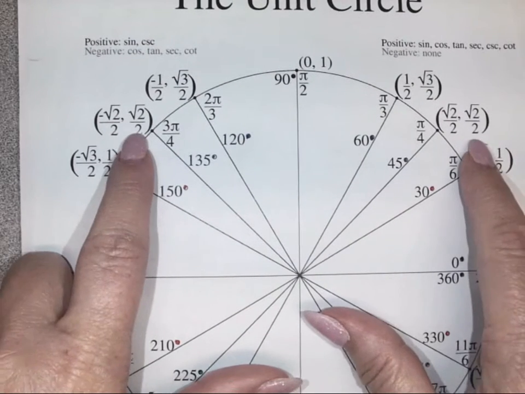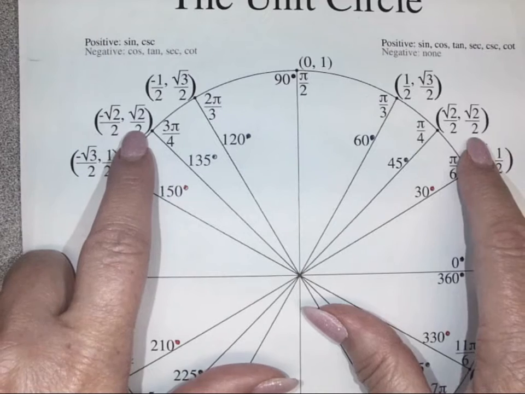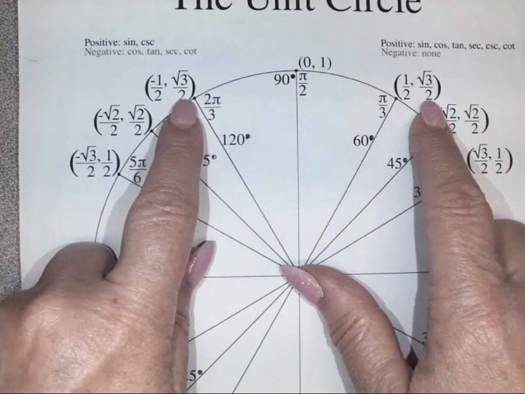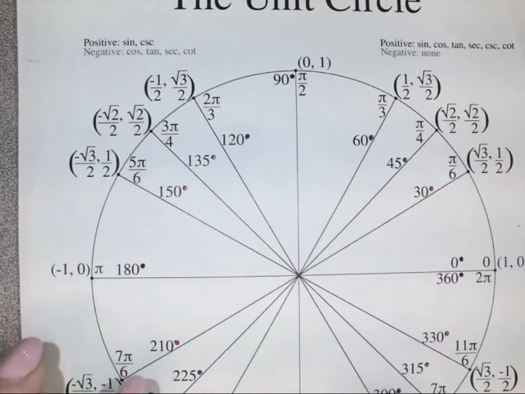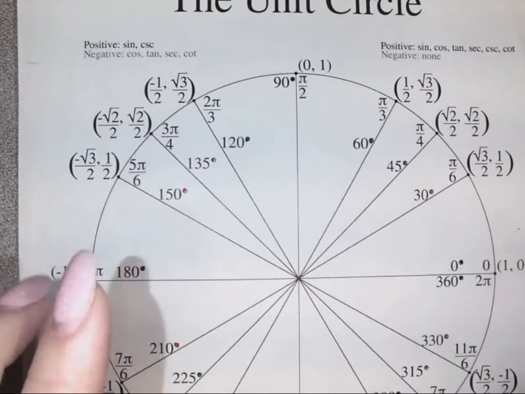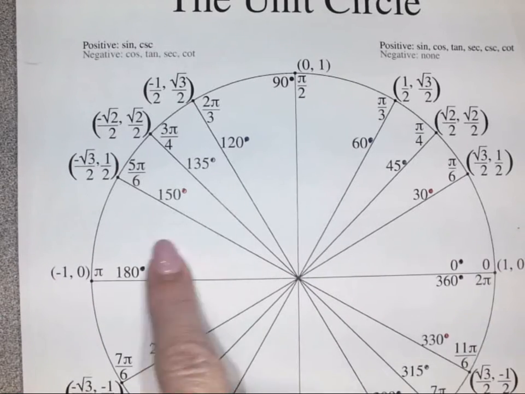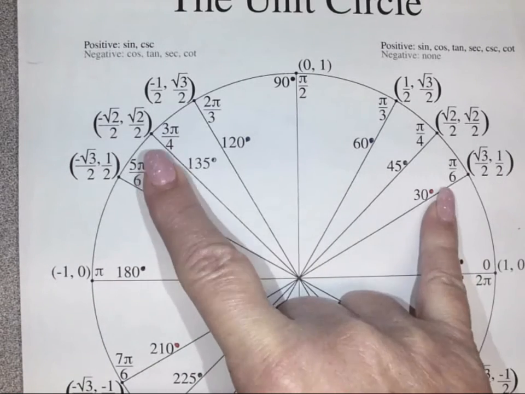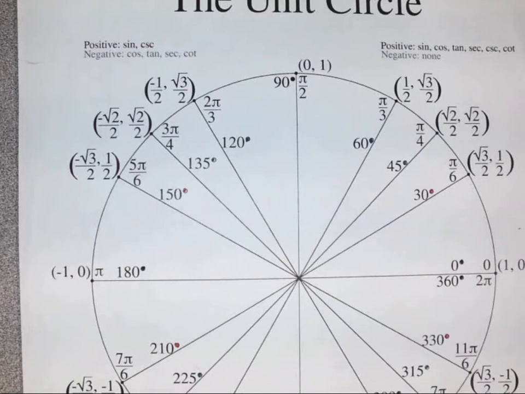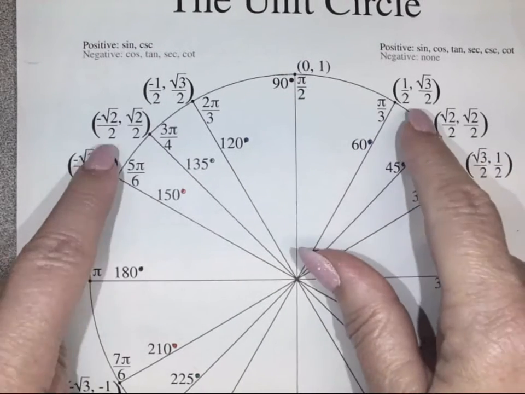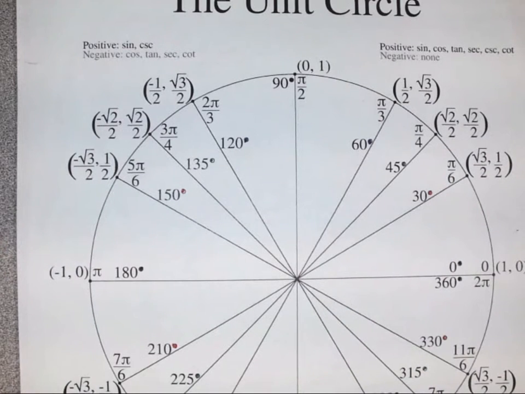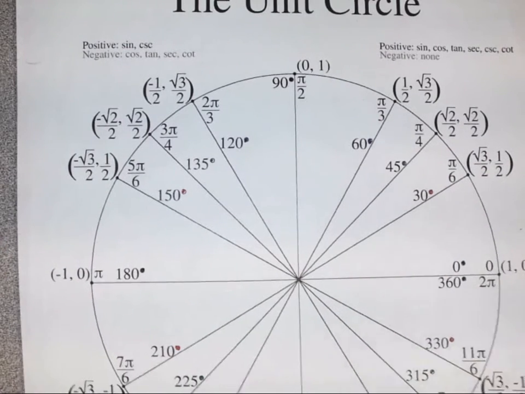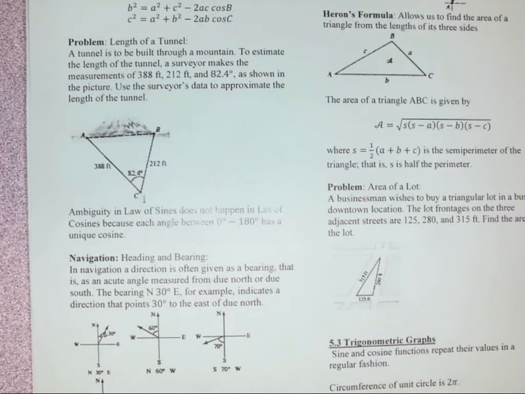There's two that have square root of 2 over 2, two that have square root of 3 over 2, and two that have 1/2 on just our unit circle. There are other ones that have it elsewhere. So just looking at those, we can see in that 0 to 180, we get two possibilities for the law of sines. But with cosine, they are going to be a positive and a negative for each one. So it makes it unique, so you won't have to look for the ambiguous cases in the law of cosines.